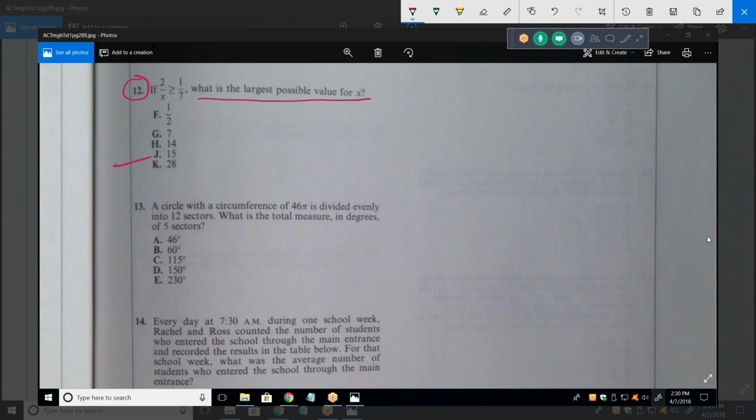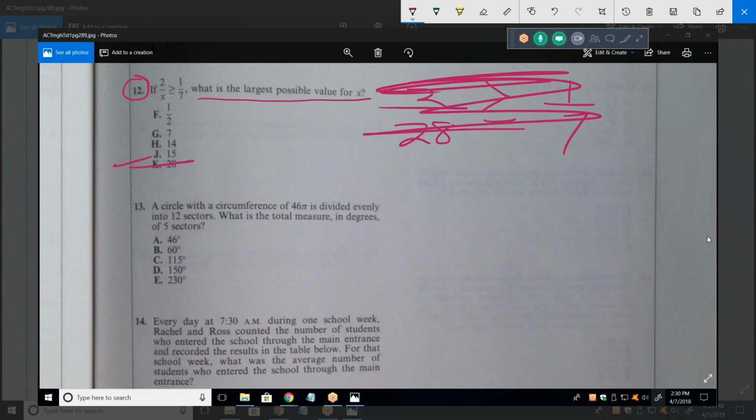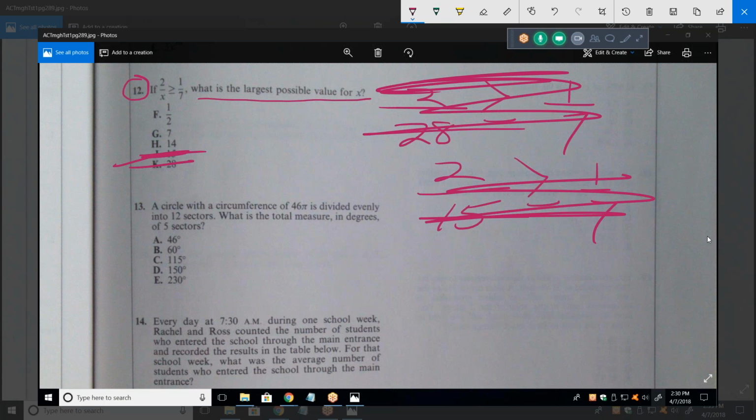Does 28 work? Is this greater than or equal to 1/7? No. Okay, that's not right. Let's go to the next one. Is this greater than or equal to 1/7? No. Go to the next largest one.